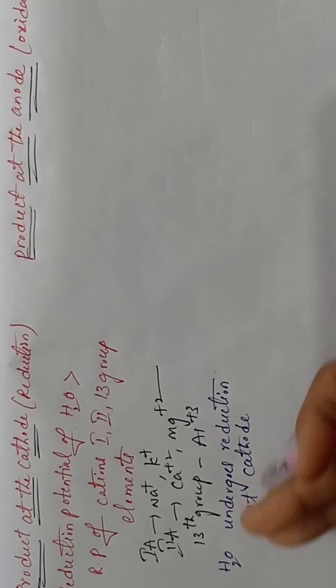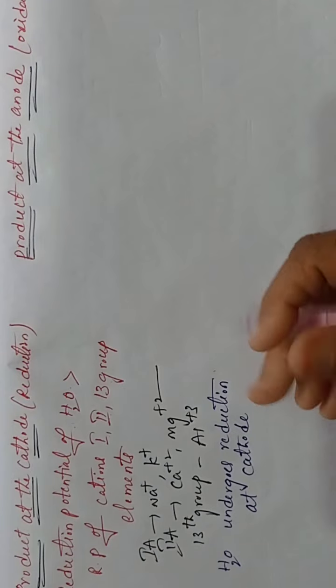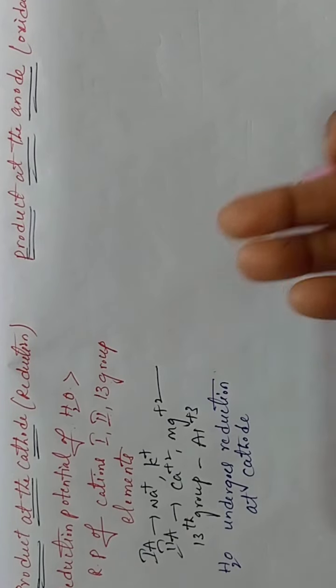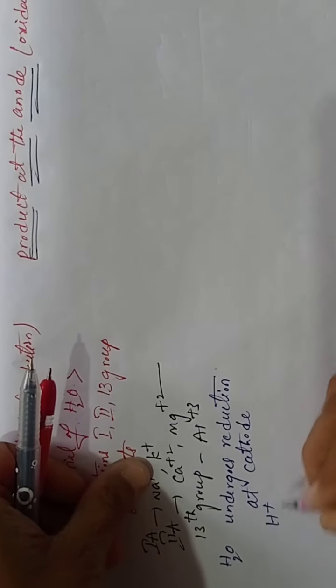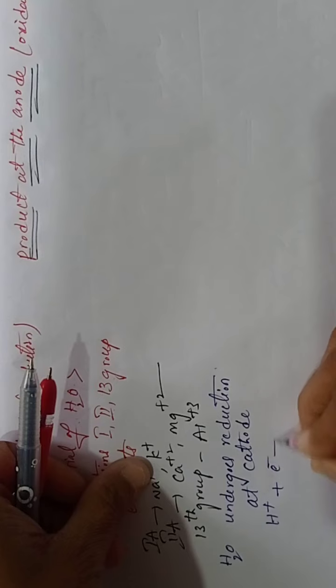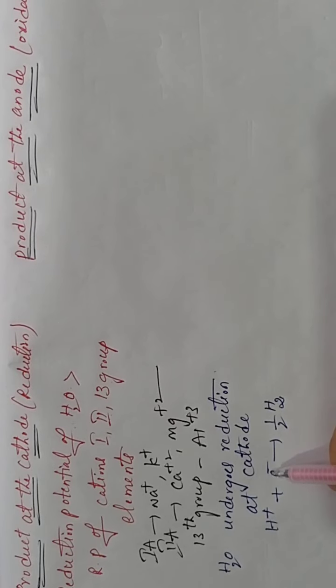Water dissociates into H plus and OH minus ions. So H plus undergoes reduction at the cathode. By gain of electrons, it becomes half H2, so electron charge is balanced: one hydrogen atom, half H2.